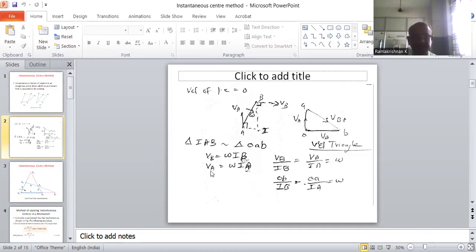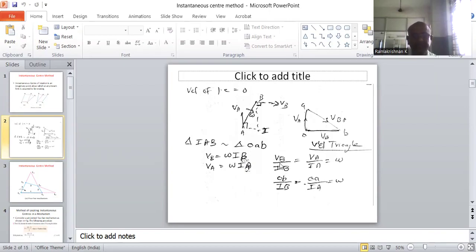Similarly, for point A on the link AB, the velocity equals omega into r. Here r represents the distance of the instantaneous center from the respective point, IA. Now from the two equations, omega can be solved.